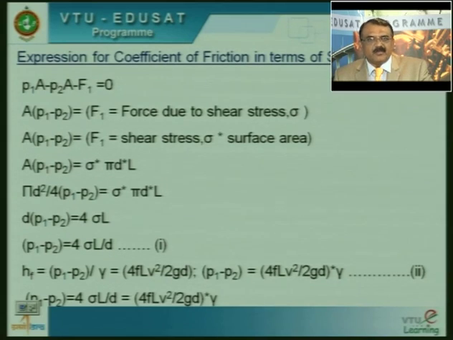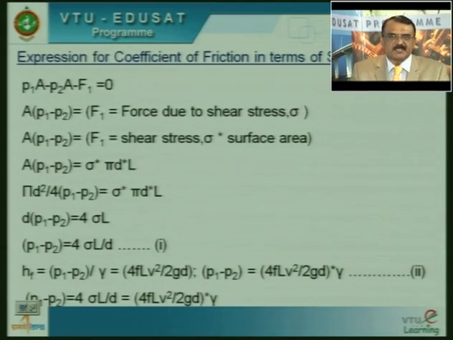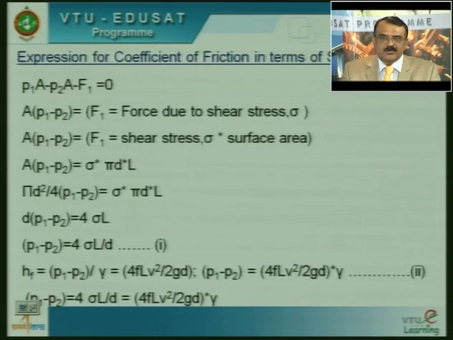Okay. Now, what is this HF? Again, HF is the head loss due to friction, that is the pressure head at section 1 minus the pressure head at section 2, P1 by gamma minus P2 by gamma. That is given by the Darcy-Weisbach equation, 4f LV square by 2 GD.